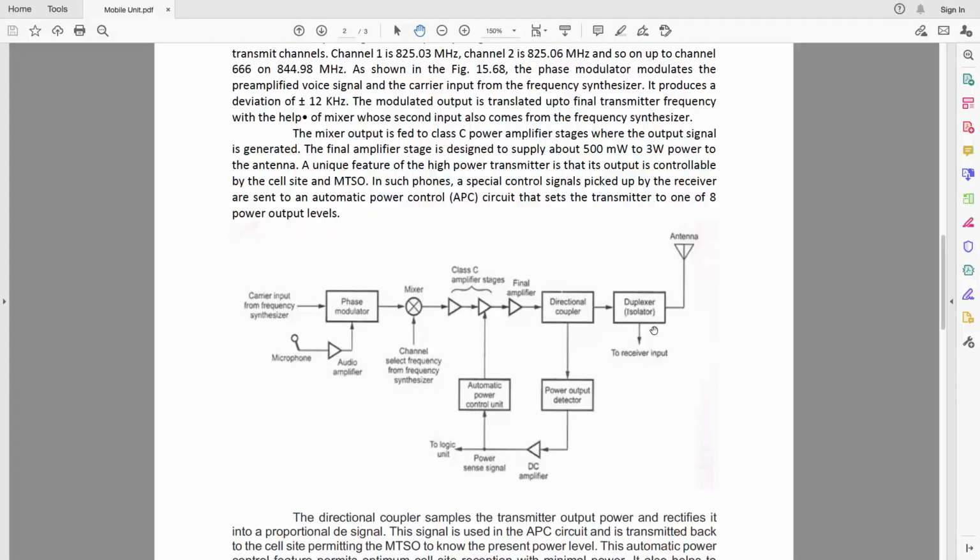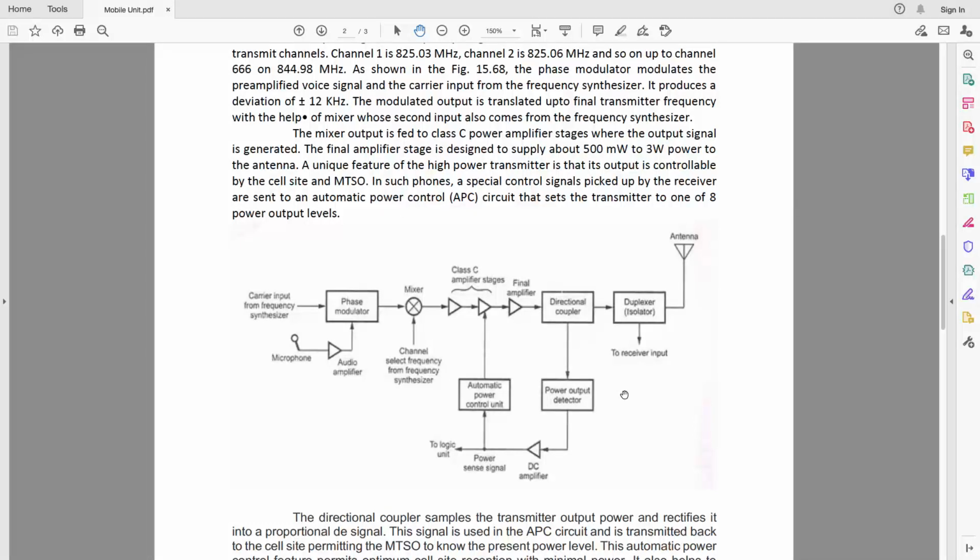Again, the signal which is going to the receiver is also connected to the duplexer. But it is the function of the duplexer to connect either this signal to the antenna or this signal to the antenna. So that's why the duplexer is present. So this is a simple transmitter.